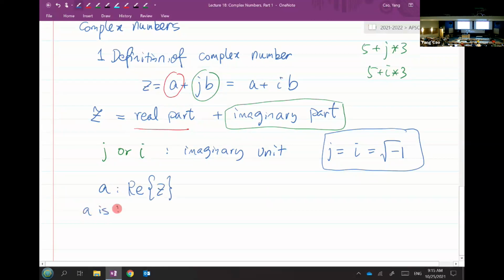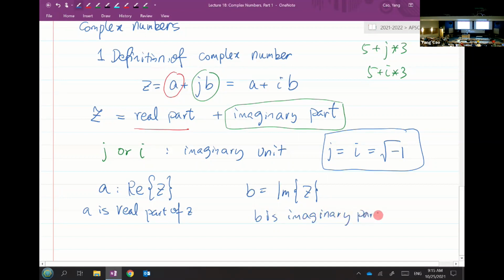And b, you can write it as Im of Z. So b is the imaginary part of Z. I guess I need to correct myself a little bit here. I just circled this b here.